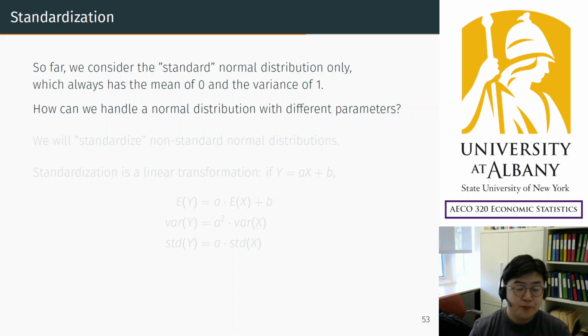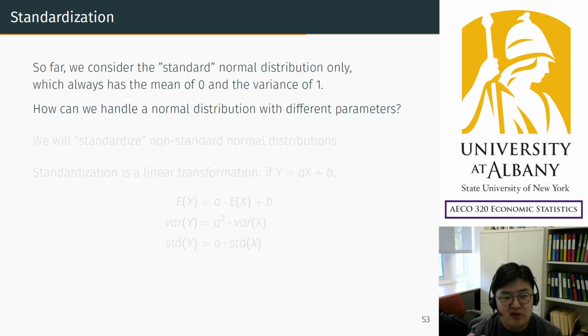Okay, so in this chapter, we are going to generalize standard normal distribution to any normal distribution. But actually, what we are going to do is we are going to make any normal distribution into standard normal distribution using the standardization process.